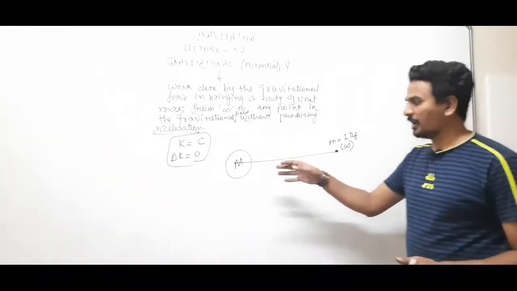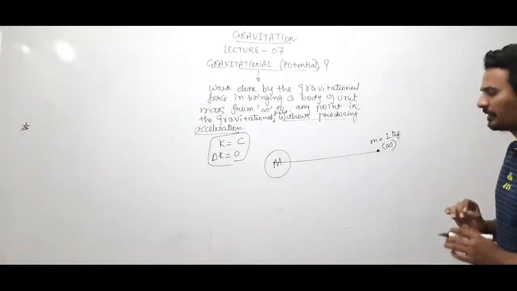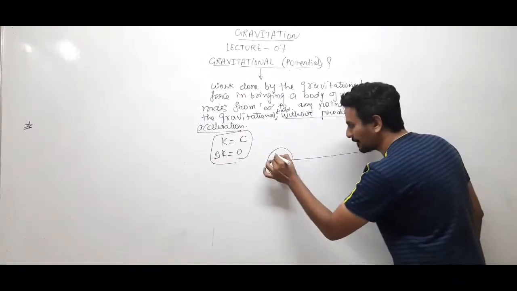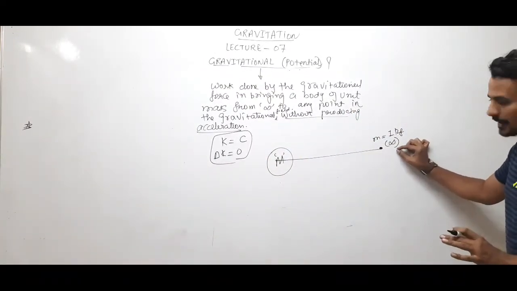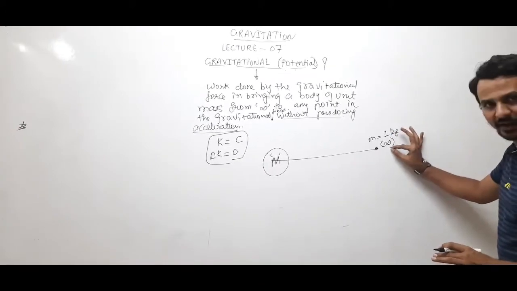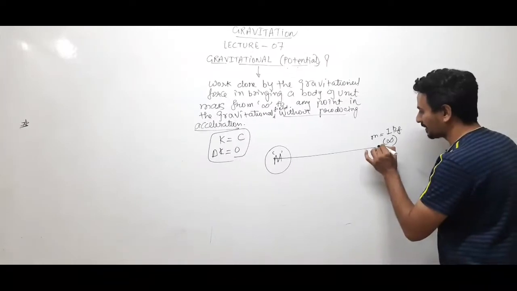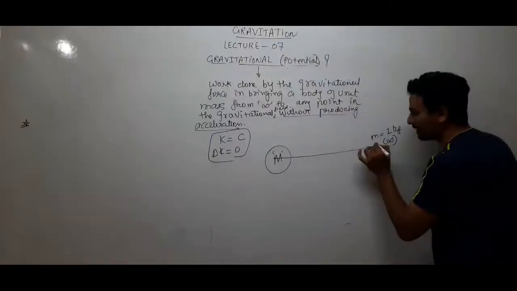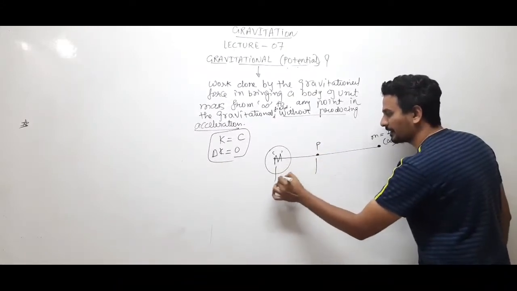This capital mass M produces the field, and infinity is just our reference point, which means the unit mass is at infinity. Now, let us say that we are bringing this mass from infinity to any point P, which is at a distance r.